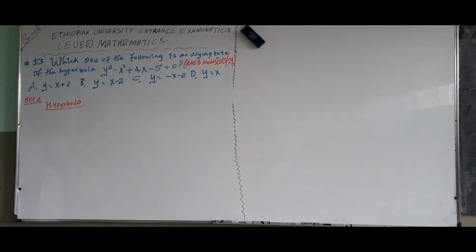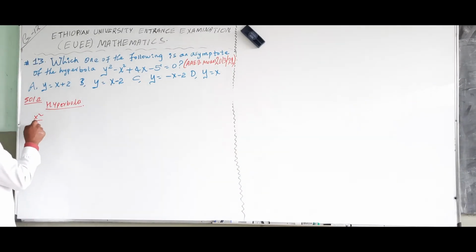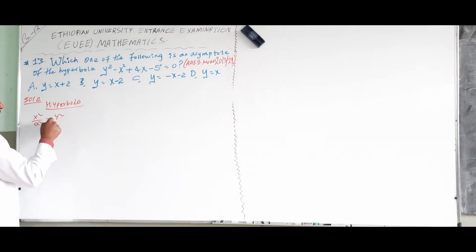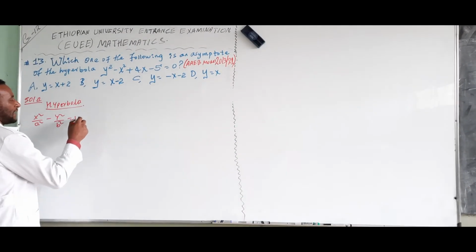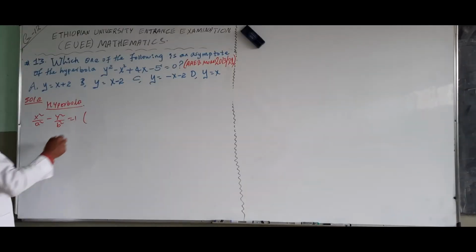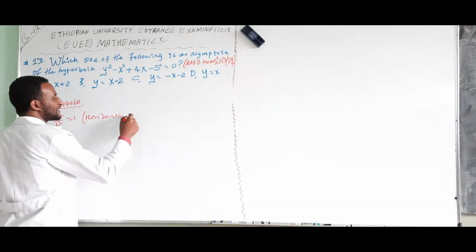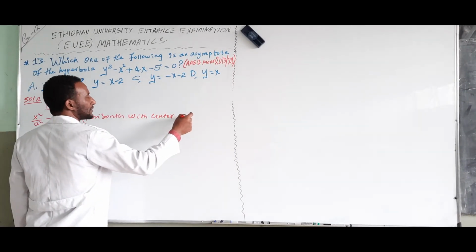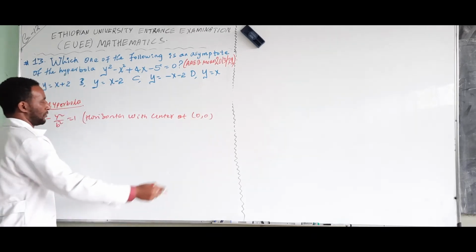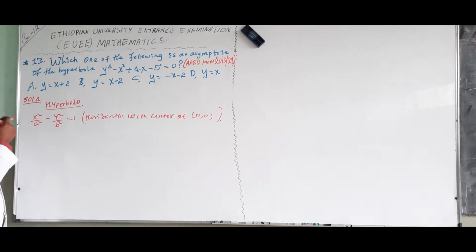When we see the standard equation of hyperbola, x square over a square minus y square over b square is equal to 1 is the standard equation of a horizontal hyperbola with center at 0, 0.